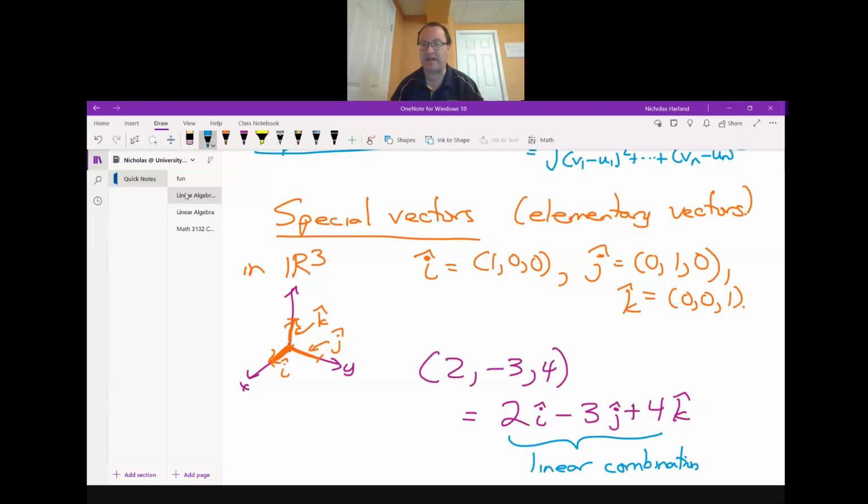We can write them in terms of these special vectors and then take advantage of properties involving these. So, again, that's just another way you might see vectors, either in the videos that we make or in class, or if you're looking at other resources or whatnot, that you should be able to see, depending on what situation you're in.